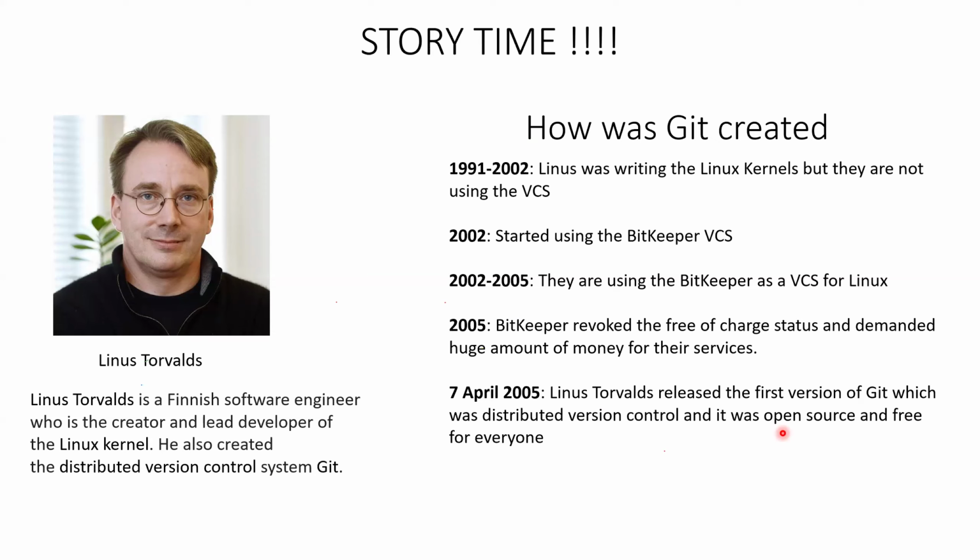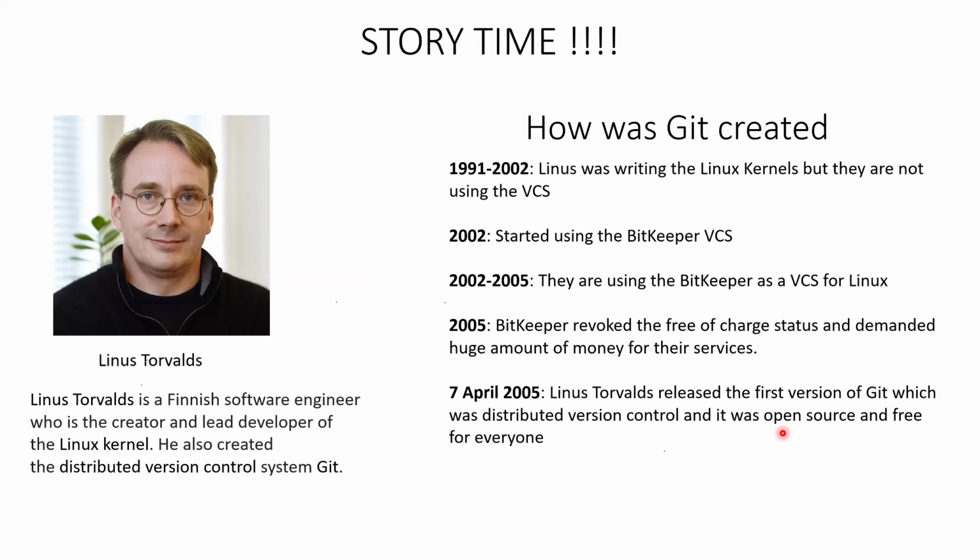So in April 2005, that was the time when the first version of Git was actually launched, and that's where they started moving the whole Linux code using Git.